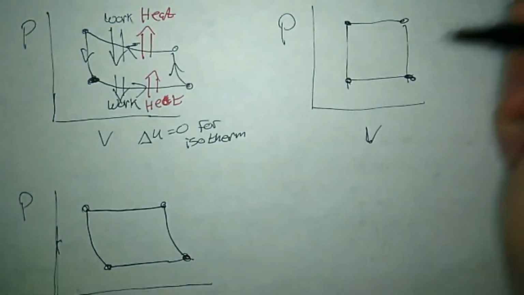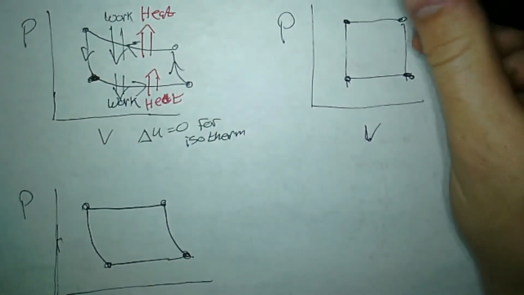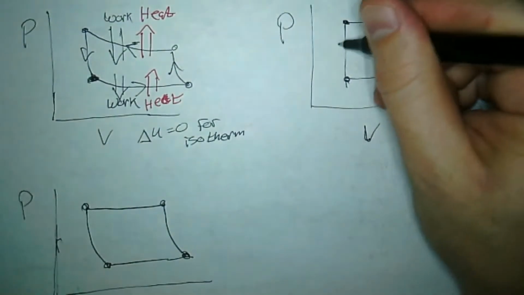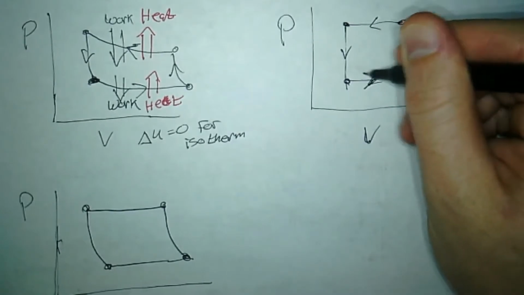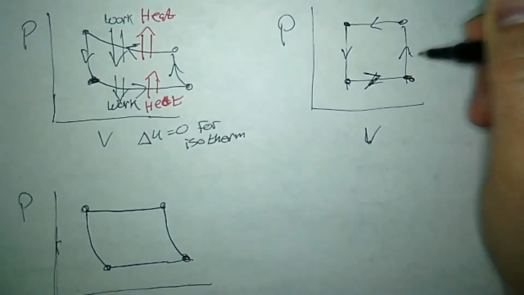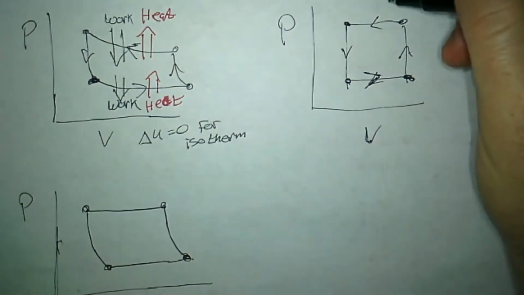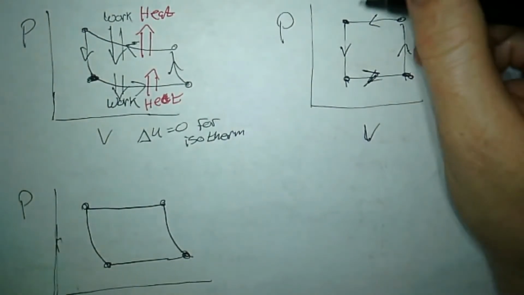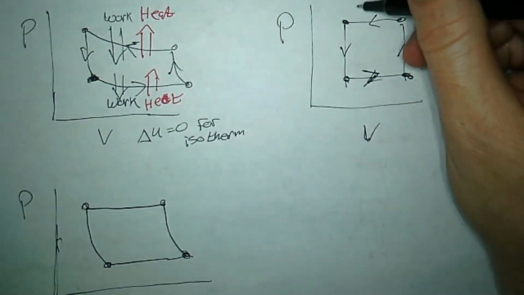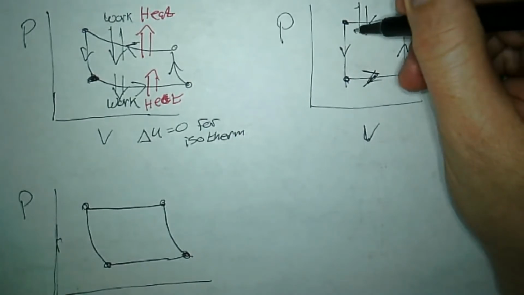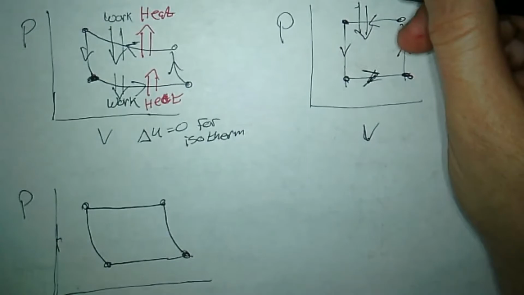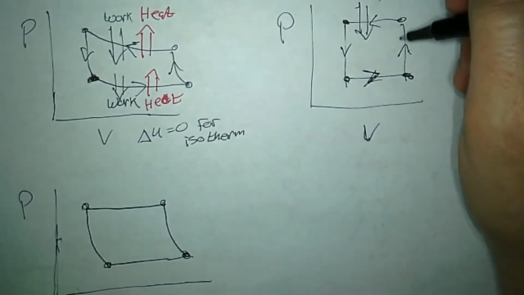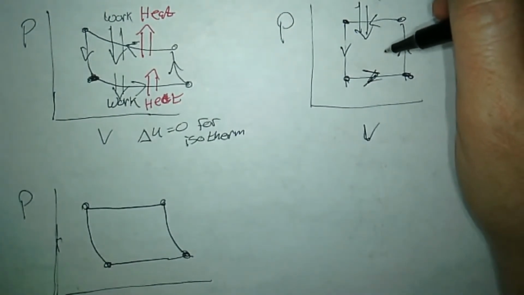So what about this example? Let's try that idea and have it flow this way. If I have it flowing this way, I know that work is not leaving the gas but entering the gas, because we are compressing it. I don't know which way heat flows, I'd have to do a little bit of math on that.